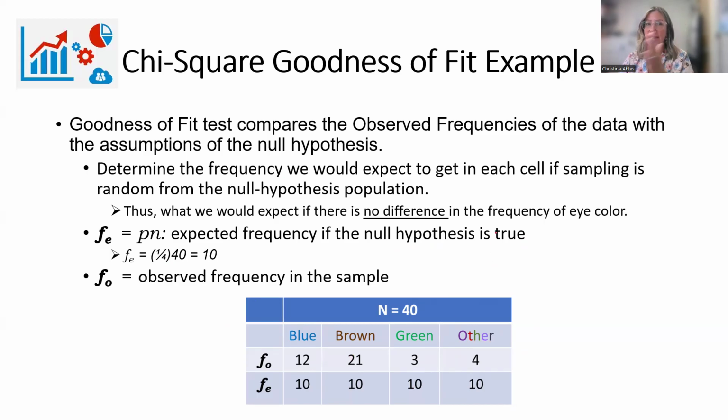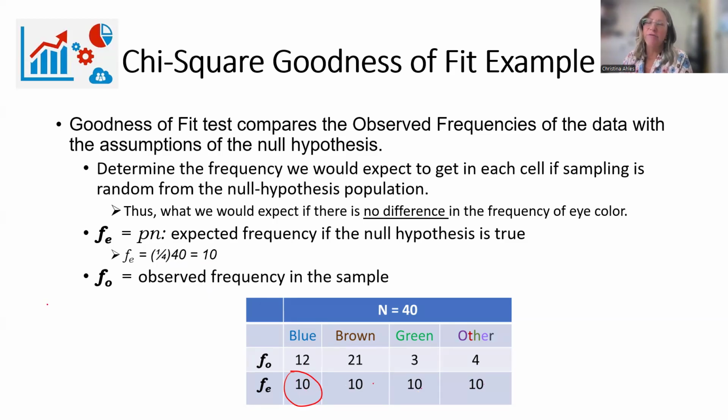I would just divide the total number of participants by how many categories you have, which is the same thing as 1/4 times 40, because you need to find out what's the expected frequency for those with blue eyes. 1/4 of the sample size would go into that category. So 40 divided by 4 is 10, or 1/4 times 40 is 10. So expected frequency of 10 for each of these cells.